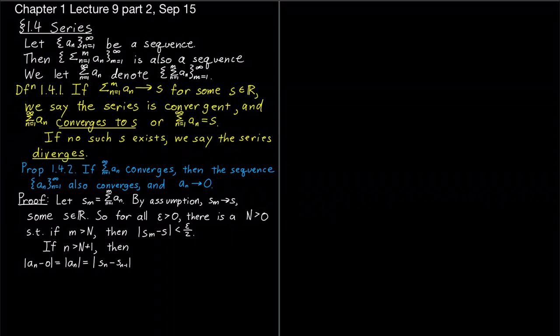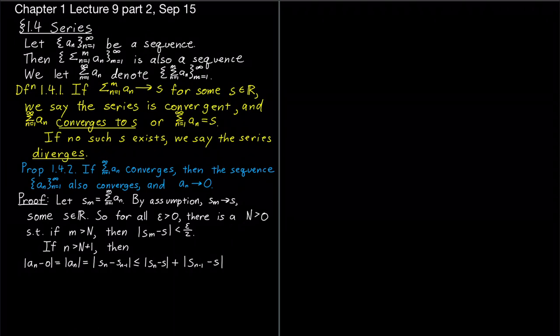And then what we can do is use the triangle inequality. This is at most |S_n minus S|, and then we add to that |S_{n minus 1} minus S|.